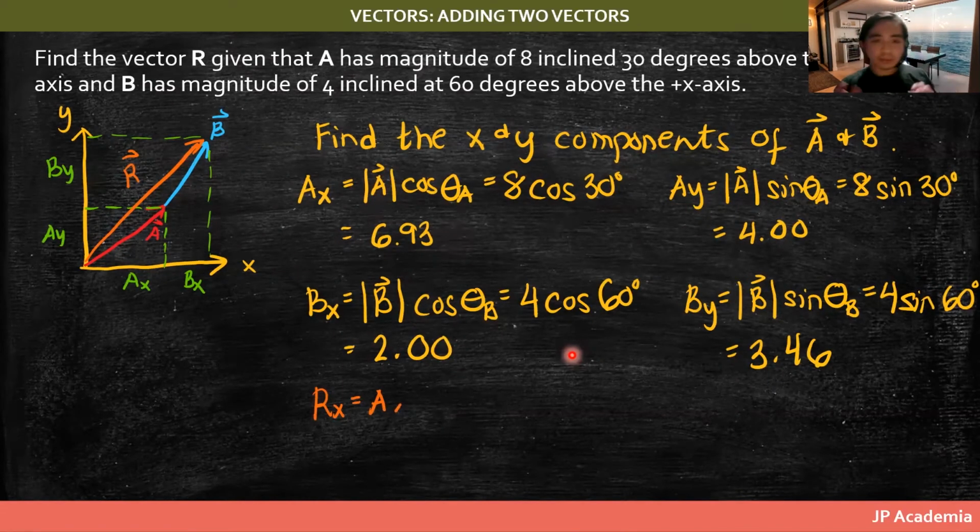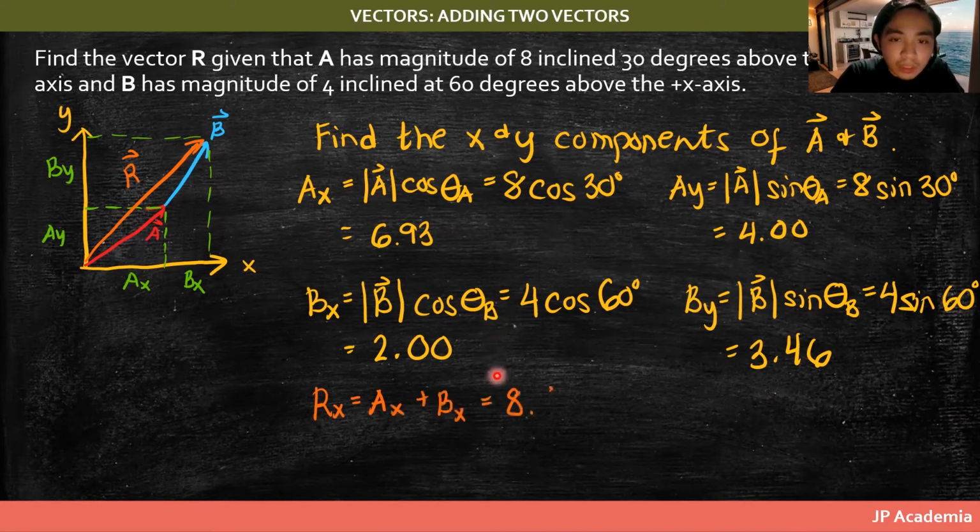Ngayon, given na may components ka na along the horizontal, along the vertical, what you need to do to get the components of your resultant vector or yung addition ng dalawang vectors na to is to add up. So, kukunin mo yung sum ng x components and y components ng dalawang vector na to.